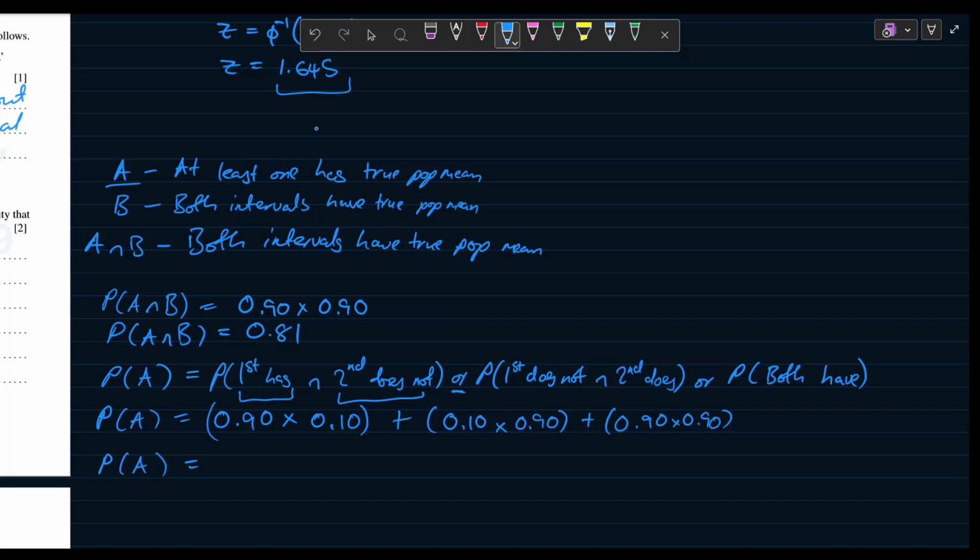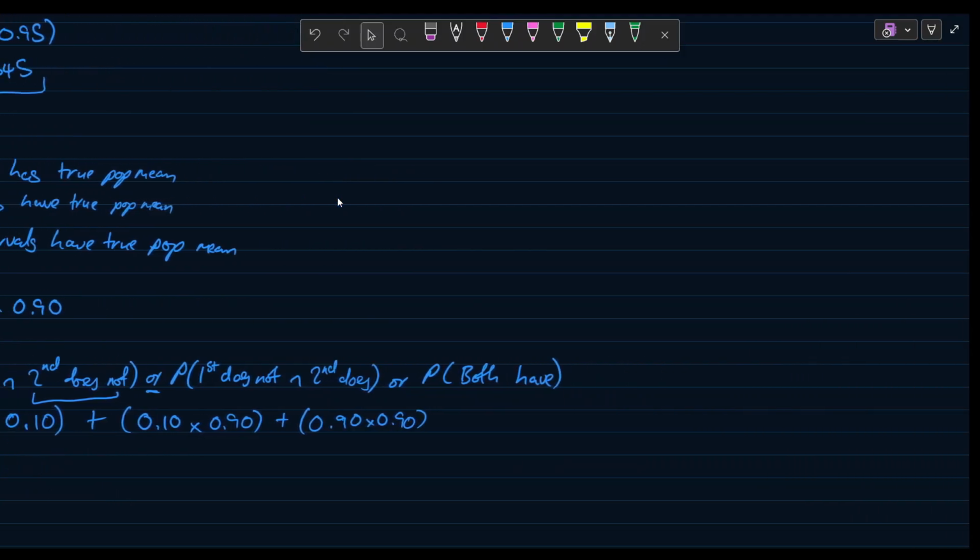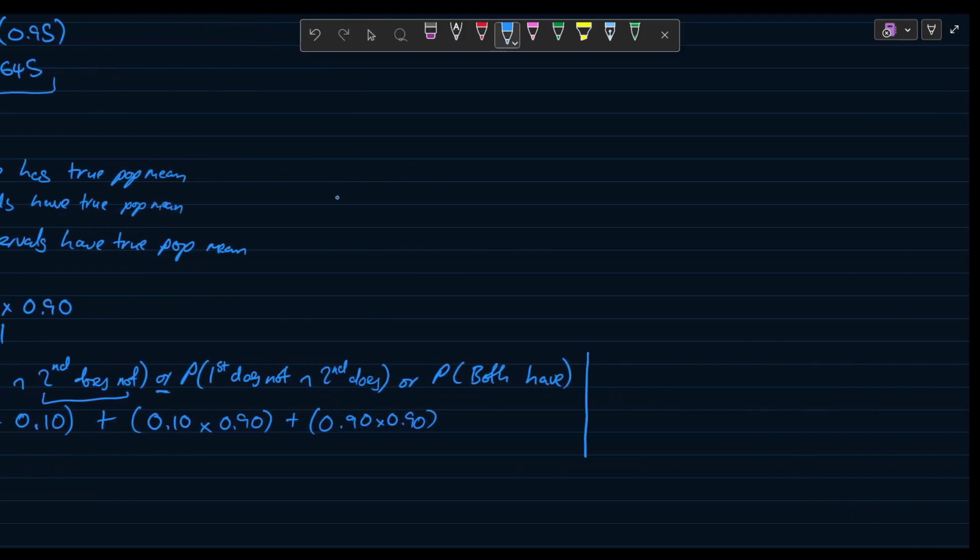So that's going to be 0.90 times 0.10 plus 0.10 times 0.90 plus 0.90 times 0.90, which gives us 0.99.